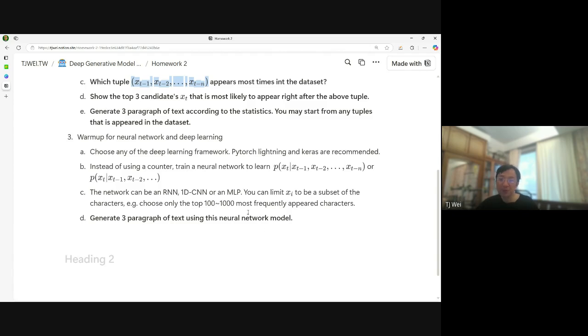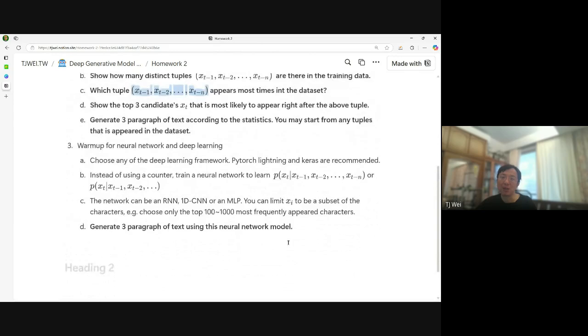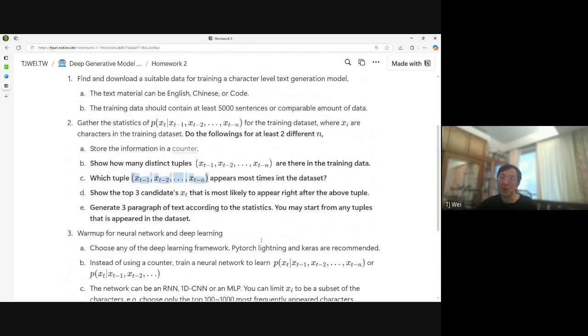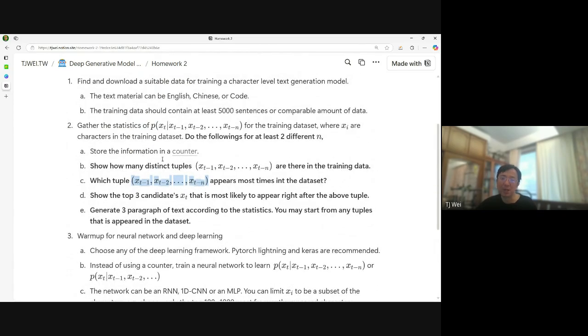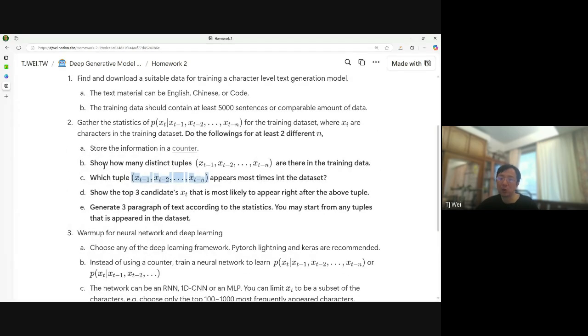That's all. There are some things you can try to do, similar to B, C, D, mostly for the D part. You can compare the statistical trend from the neural network with the result that you collected, the statistics you actually collected.